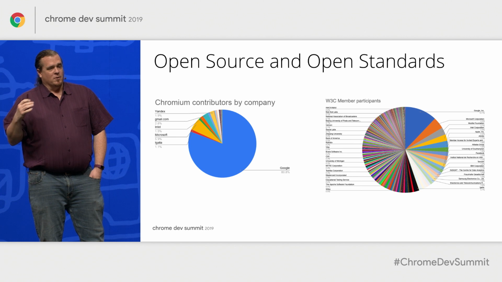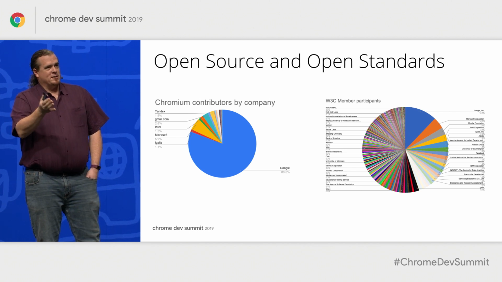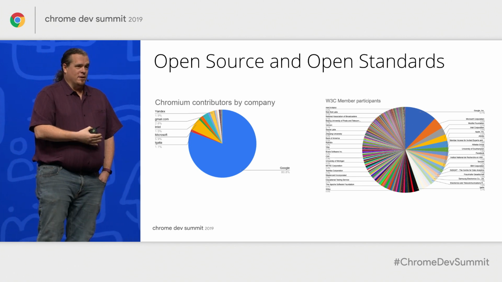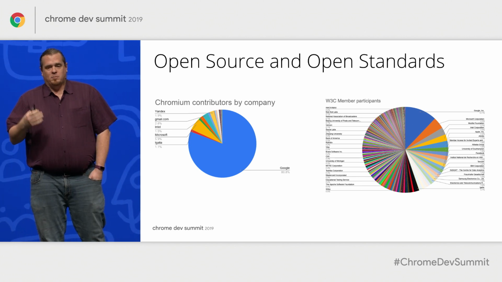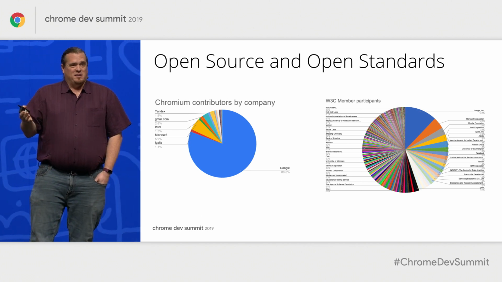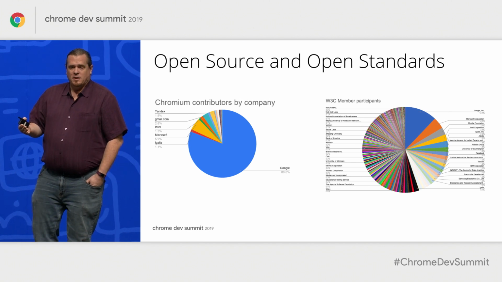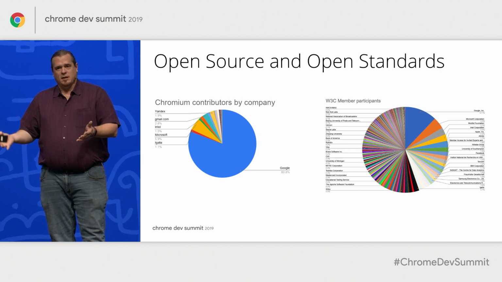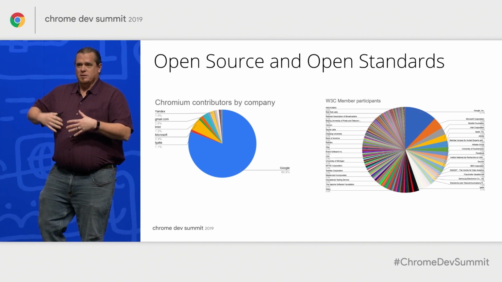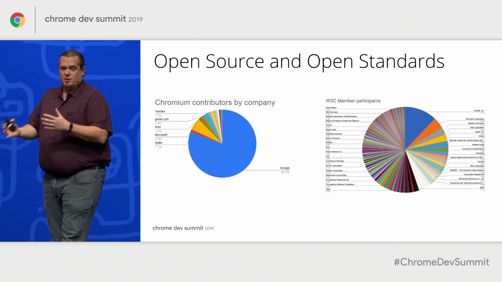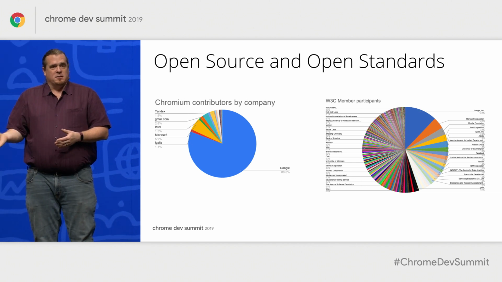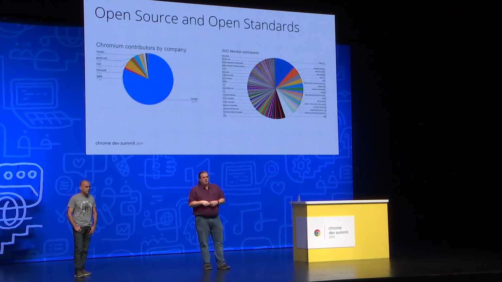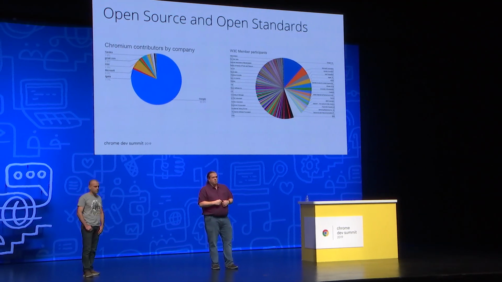Now, although Google is still that largest single-company slice, and we do believe in and participate really heavily in open standards efforts, we're only about 1/8 of the overall participation. In fact, if you add up all of the Chromium browsers together, like Microsoft's participation and Samsung's participation in Chrome, you'll find this is still less than 1/4 of the whole participation at the W3C. The web is much broader than just Chromium.